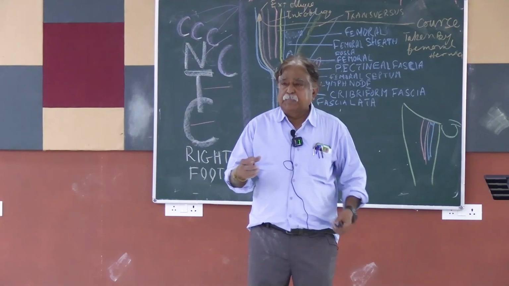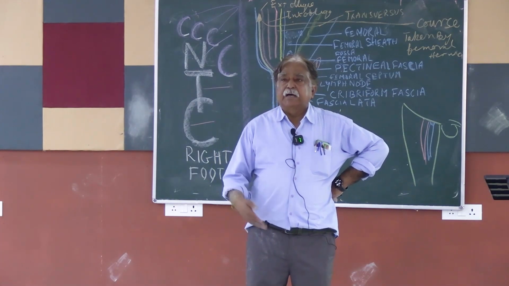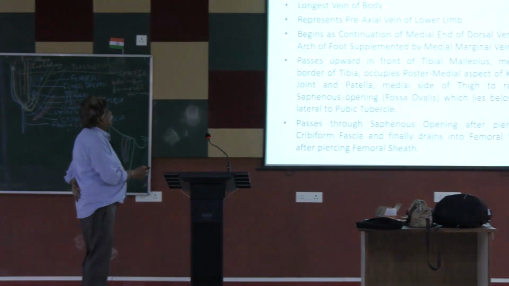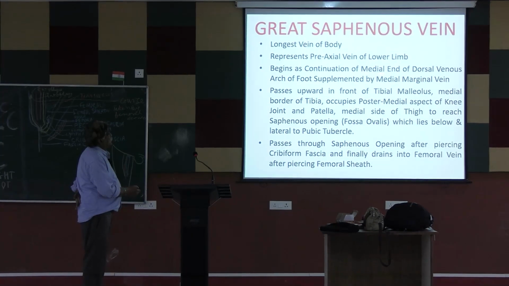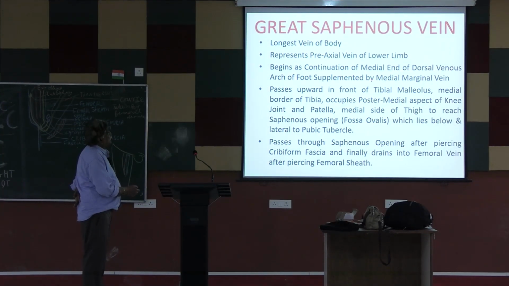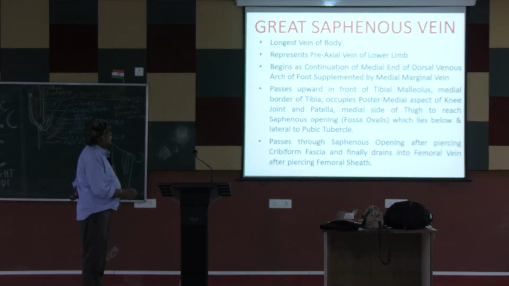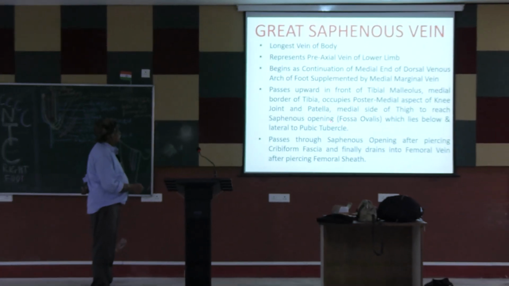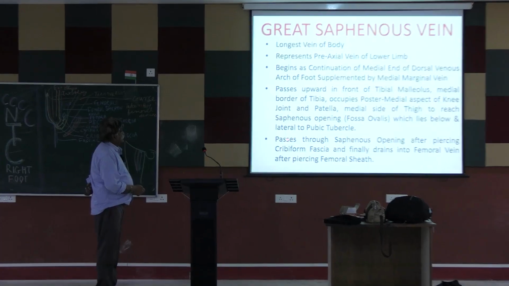You have picked up your tibia. Then it can come. The longest vein of the body represents preaxial vein of lower limb, begins as a continuation of medial end of dorsal venous arch of the foot supplemented by medial marginal vein, passes upwards in front of tibial malleolus, medial border of tibia, occupies posterior medial aspect of knee joint and patella, medial side of the thigh to reach saphenous opening fossa ovalis, which lies below and lateral to pubic tubercle.